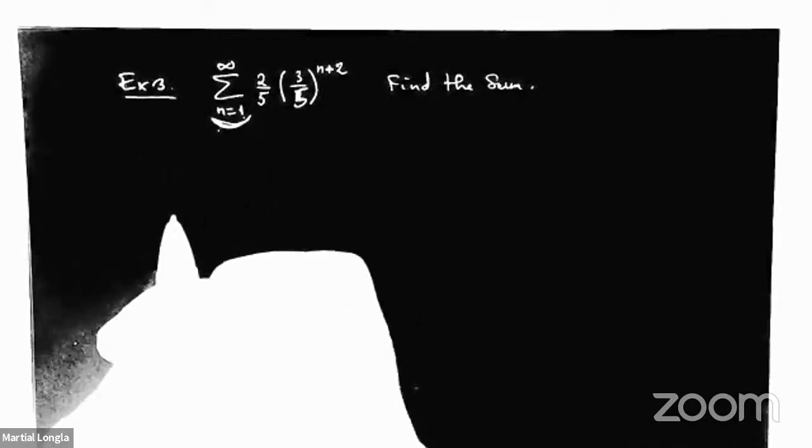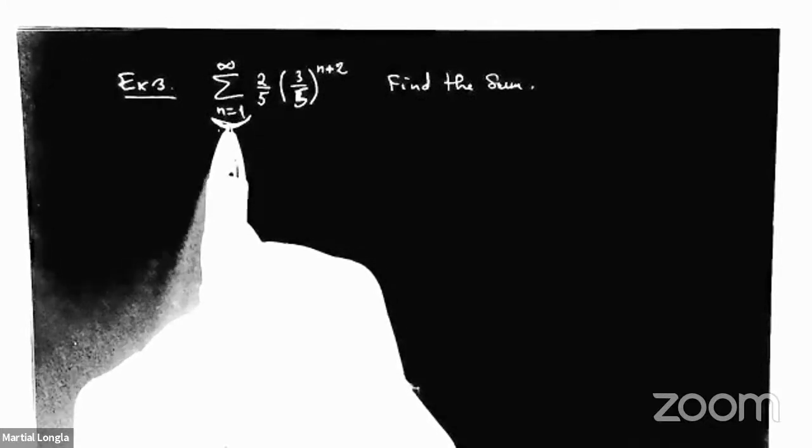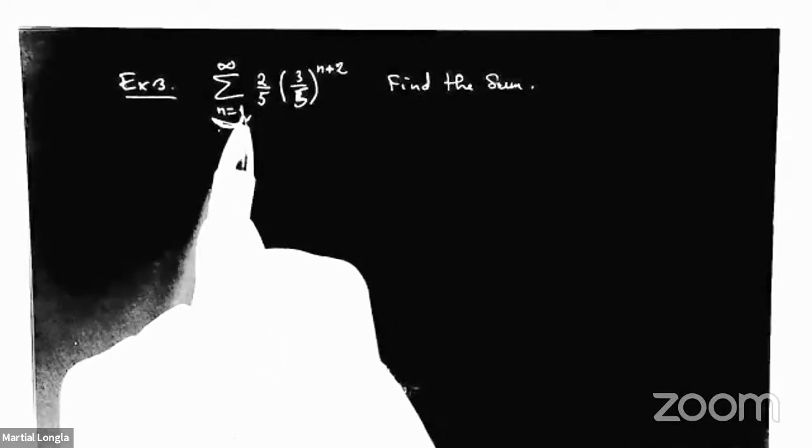So be very careful with that. If it doesn't start at n equals 0, make sure you bring a new variable there that starts at 0. What do I need to do to the number I have here to get it to 0?